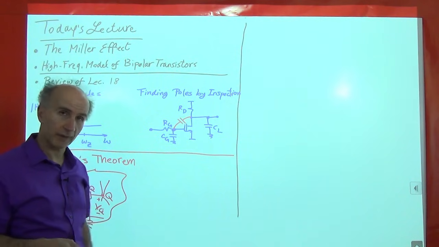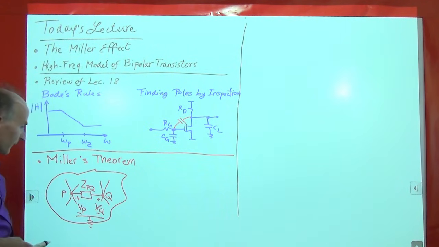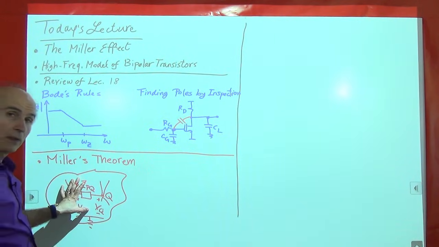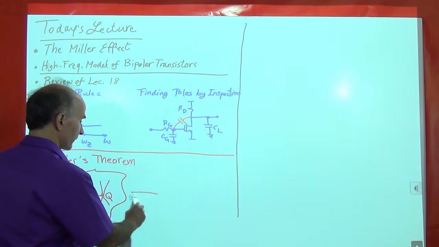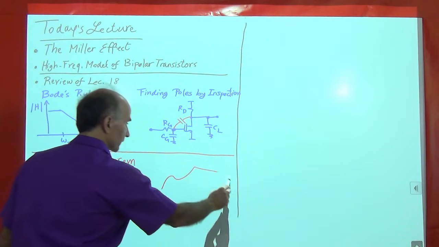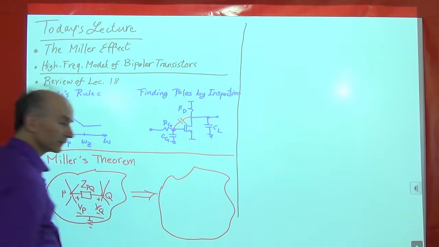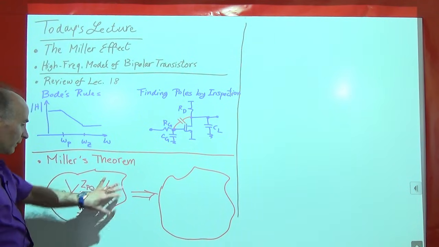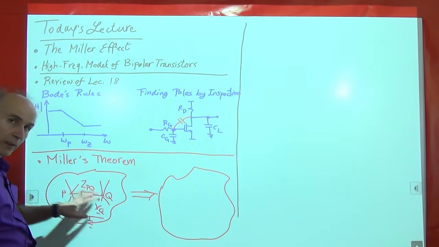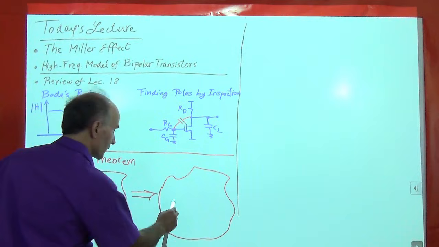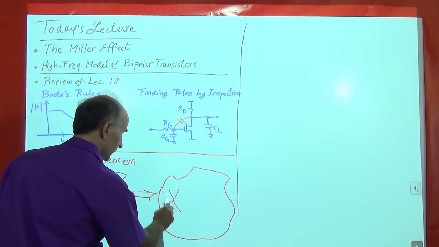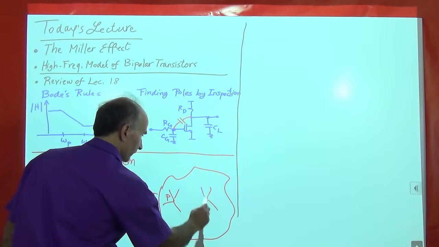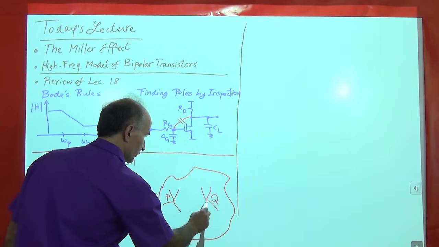Okay, so now Miller says that it is possible to transform the circuit to a different circuit. And in this new circuit, what we have is still all of the devices in here connected to P and Q. Everything is the same. So we have P, and then we have Q. These are two nodes.